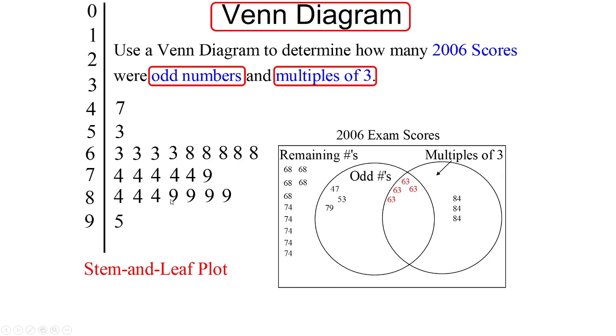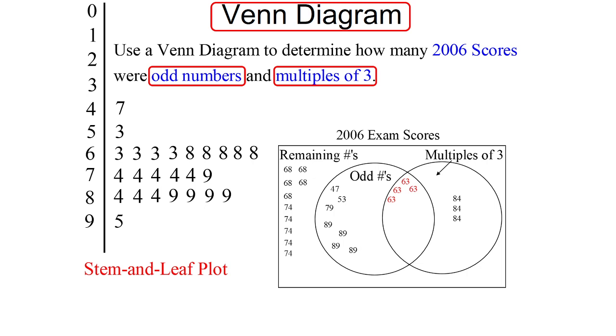And then the 89s, which I talked about already. 89 is odd, but it is not a multiple of 3 because 8 plus 9 is 17, and 3 does not go into 17 evenly. So I'm going to put my 4 89s, 1, 2, 3, and 4 right there.